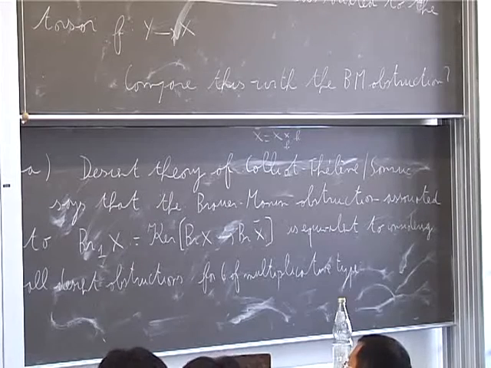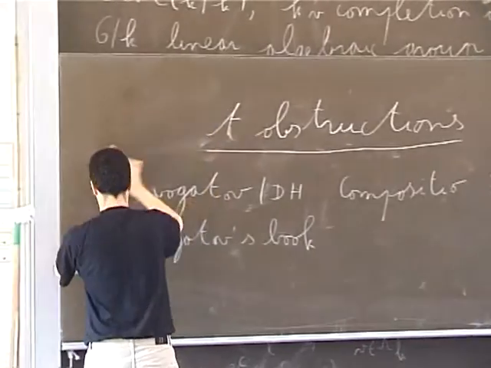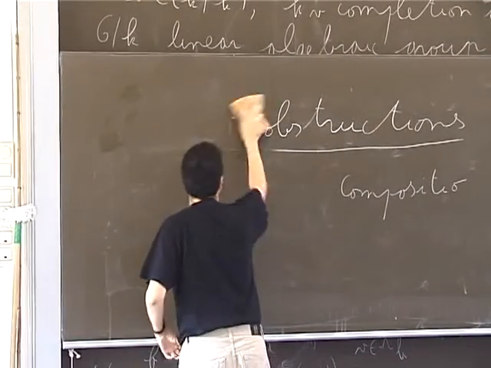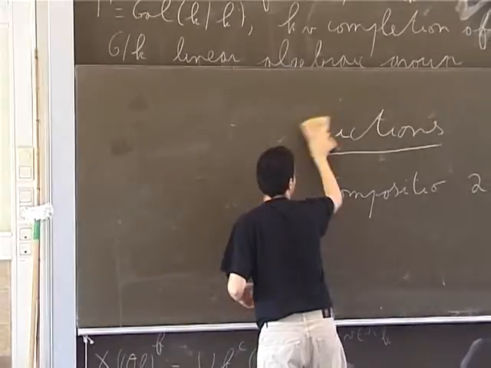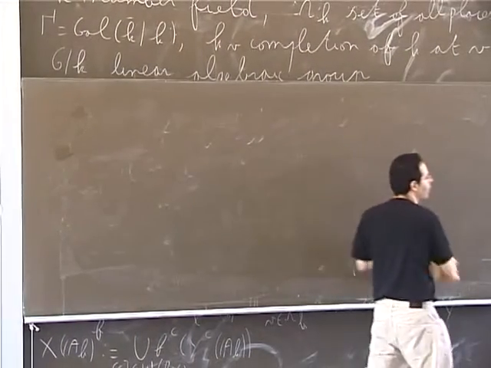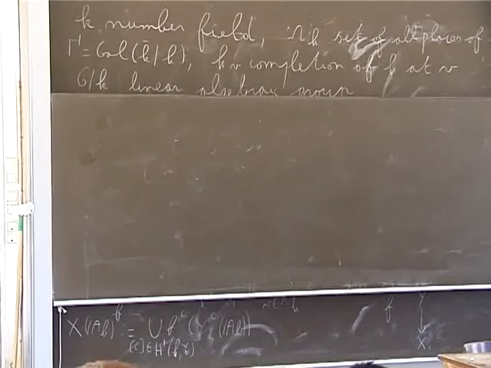So here is the answer. Oh, by the way, I should have said that a group of multiplicative type is a commutative linear algebraic group, which is an extension of a finite abelian group by a torus. So, for example, a finite abelian group or a torus.